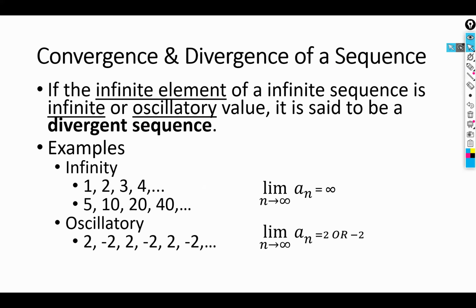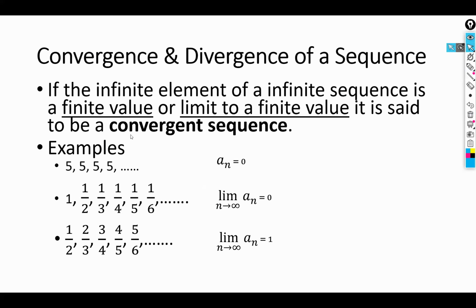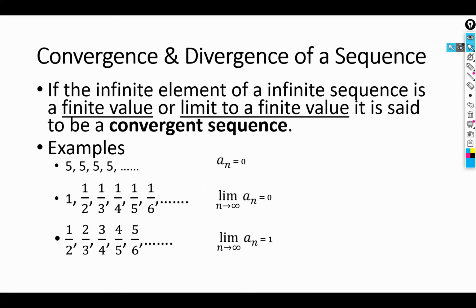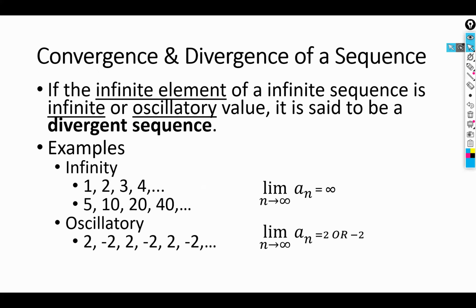So either it's a convergent sequence or it's a divergent sequence. Every infinite sequence is either a divergent sequence or a convergent sequence. So what is meant by a divergent sequence? A divergent sequence means your infinite sequence's value is infinity, or it's infinite.